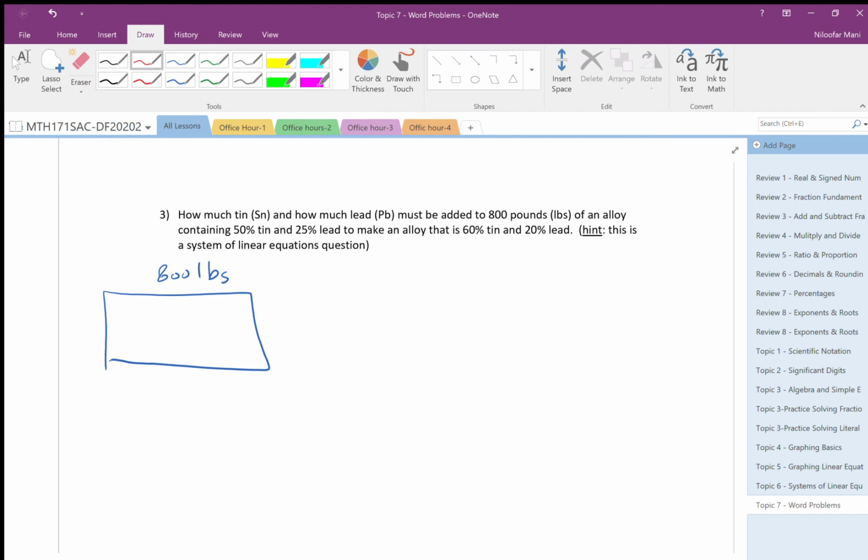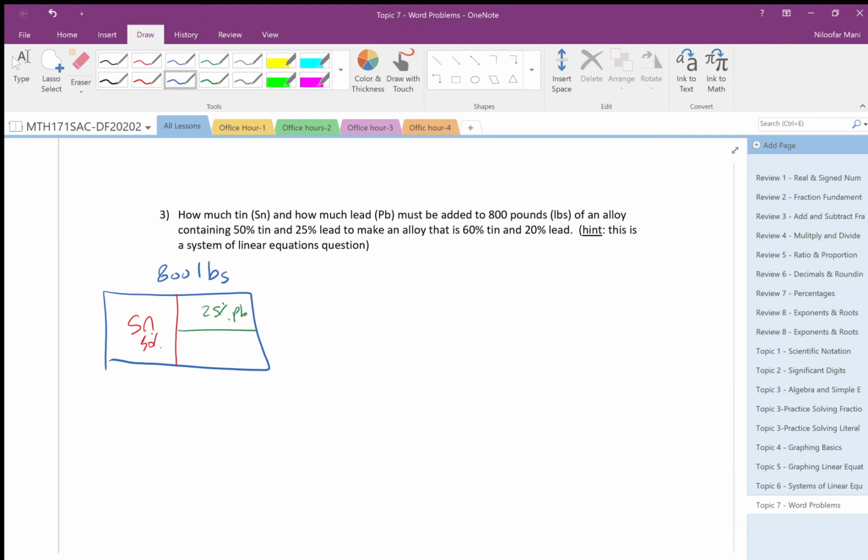I know it's a solution problem. So 800 pounds, 50% is Sn, 25% is Pb.